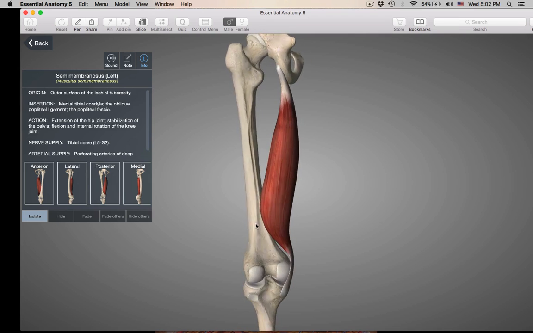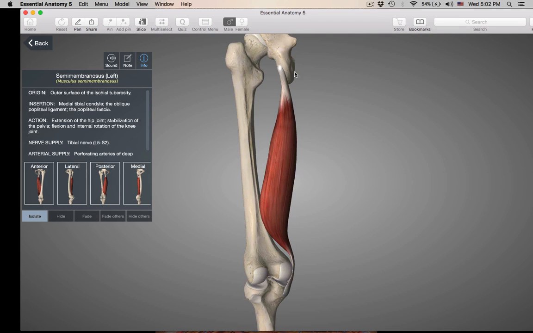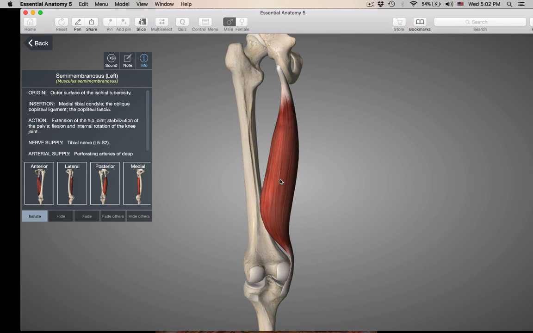Let's put it in the back. Here's your ischial tuberosity. It's also on the tibial side, the medial side here. So this is semimembranosus. It's deep to semitendinosus, crosses the hip joint and the knee joint. I want you to put it under the slot for hip extenders too.